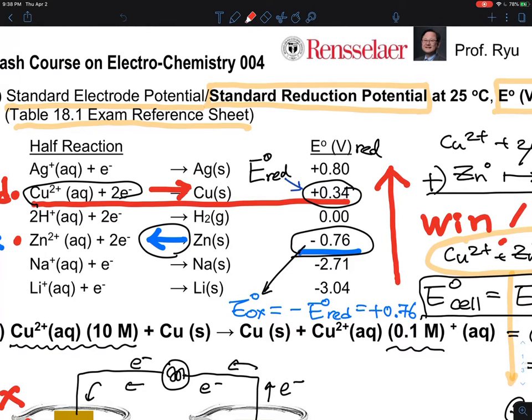So if I just compare sodium and zinc, zinc is a winner. So they're going to go the way it is written, and then the weaker side is going to reverse the other way, right? So in that case, my value for this is minus 0.76 plus 2.71. Does that make sense to you?